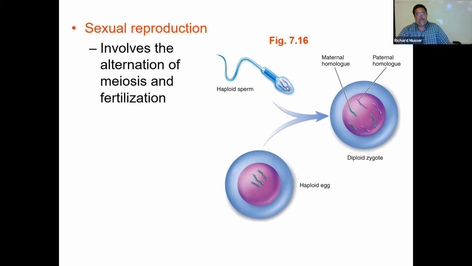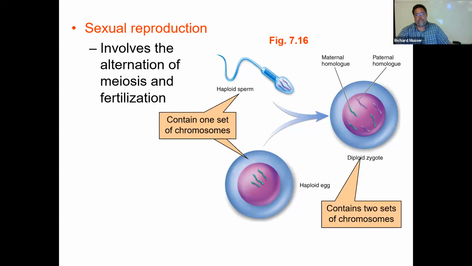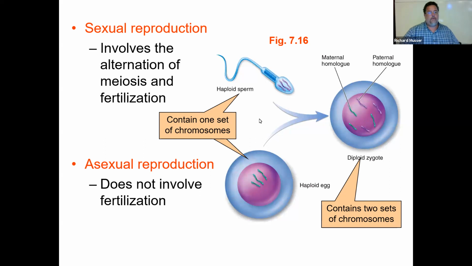Again, they have half the number of chromosomes. In this case, we're looking at 3 chromosomes for the sperm and 3 chromosomes for the egg for this example. And when the sperm fertilizes the egg, it now has 3 pairs of chromosomes, or 6 chromosomes. And so again, that'll be a diploid zygote from 2 haploid sex cells.